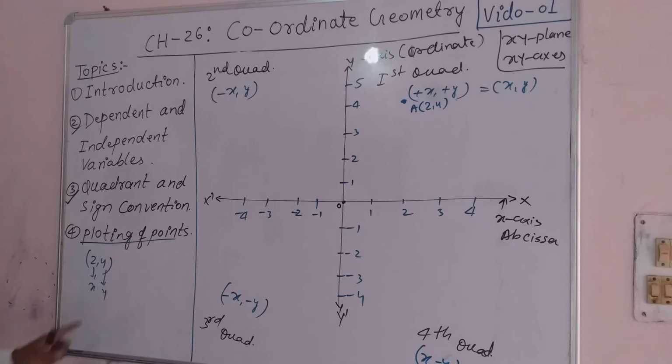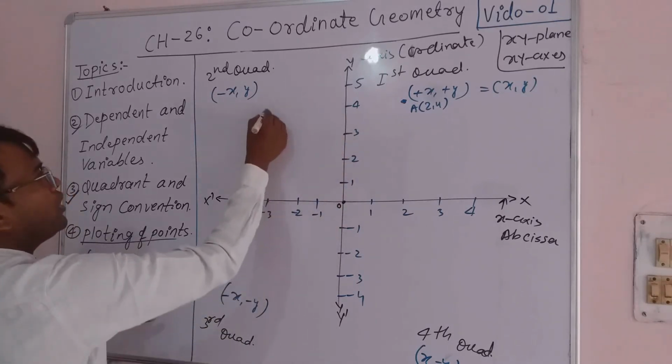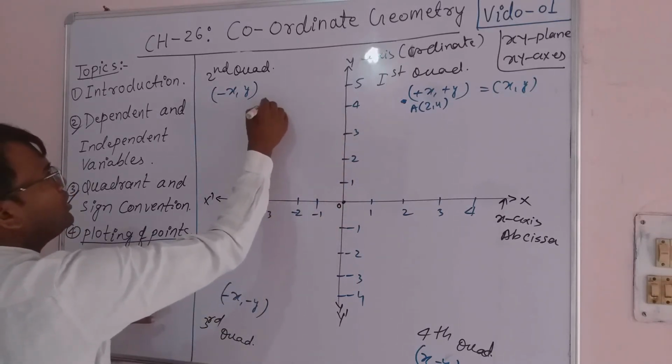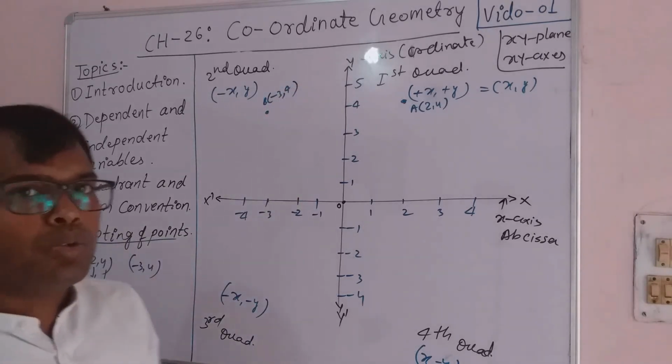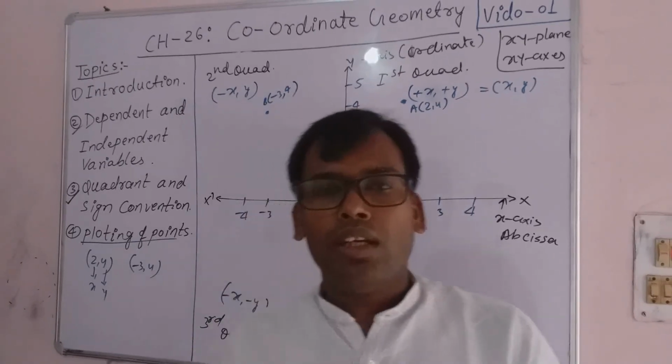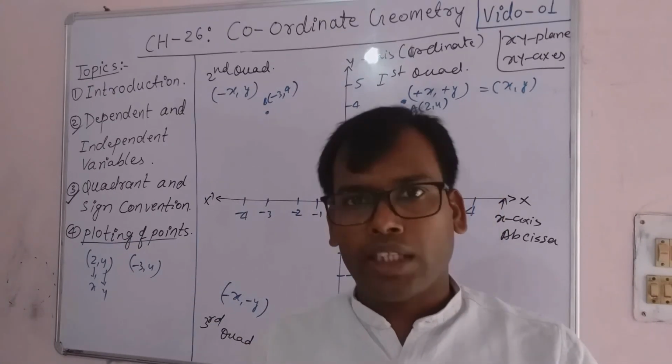Similarly for (-3, 4): -3 on the x-axis and 4 on the y-axis, so this point lies here. This is (-3, 4). In this way you can represent an ordered pair on the coordinate axes.